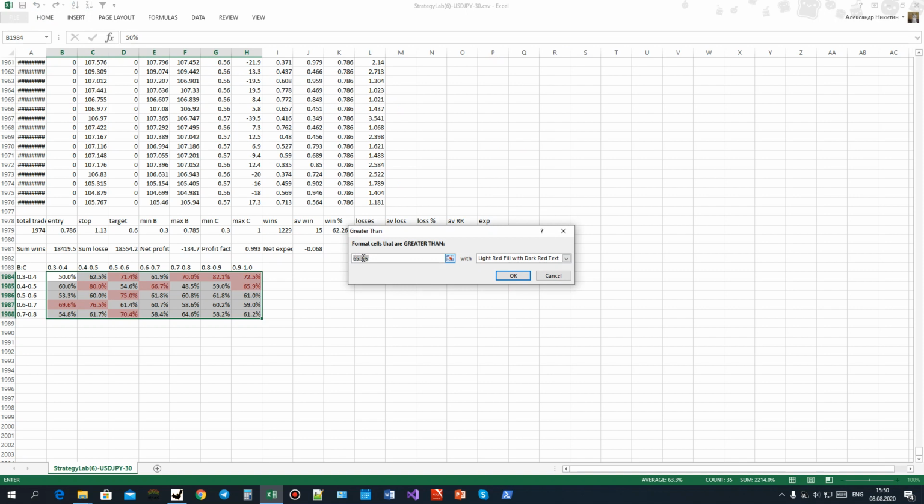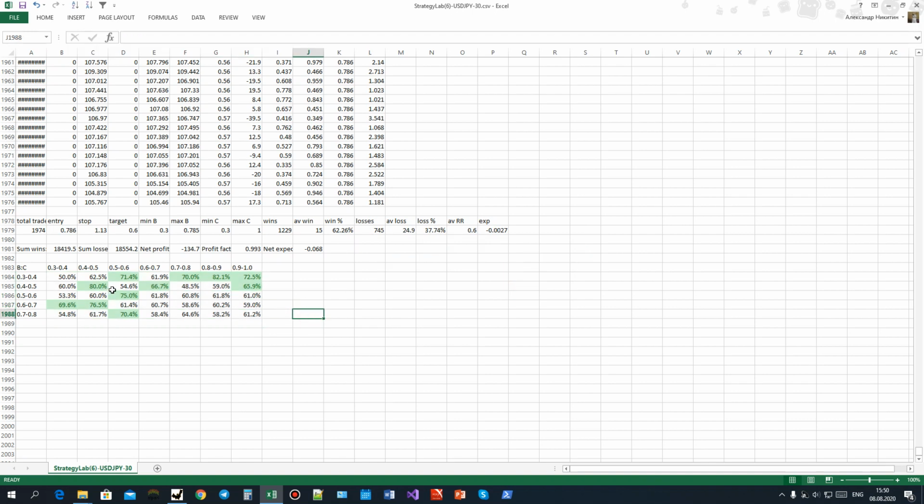The breakpoint is 65. Let it be green. Here are the best patterns for dollar yen, based on 1964 patterns. Okay. Save this. Yes.